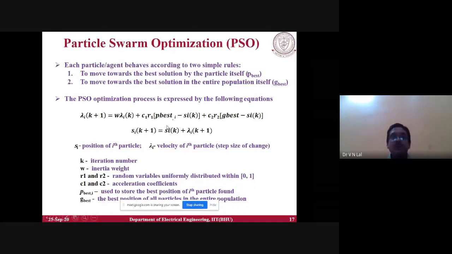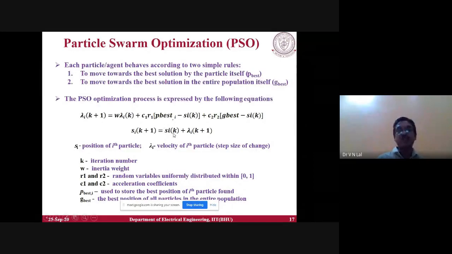These equations are for velocity and position. Here k is the instant. The previous instant is k, and k plus 1 is the next instant. The position at the kth instant is S_i^k.